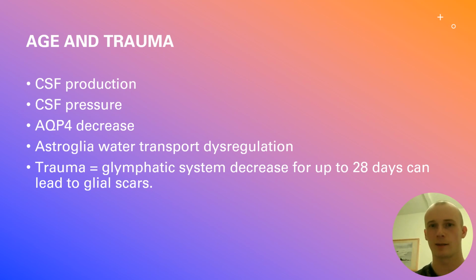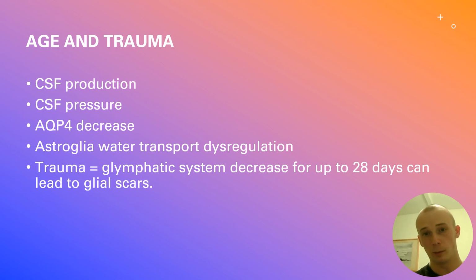Some things that run as predictors or biomarkers for early dementia often overlap with dysregulation of the glymphatic system. So as we get older, we have a decrease in that cerebral spinal fluid production, and then this leads to a decrease in cerebral spinal fluid pressure.